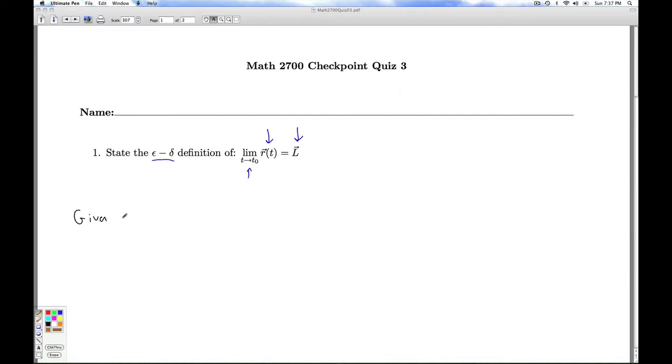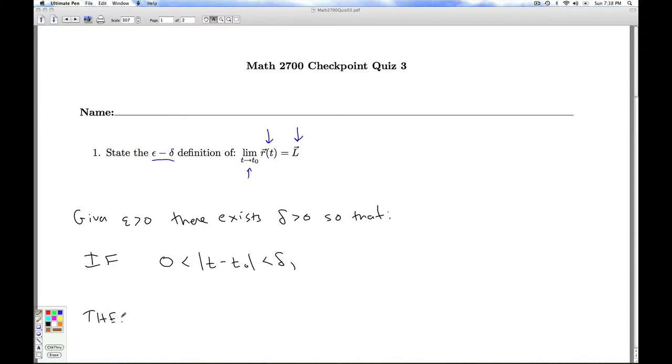So given epsilon greater than 0, there exists delta greater than 0, so that if 0 is less than the absolute value of t minus t naught is less than delta, then the magnitude of the difference r of t minus L is less than epsilon.